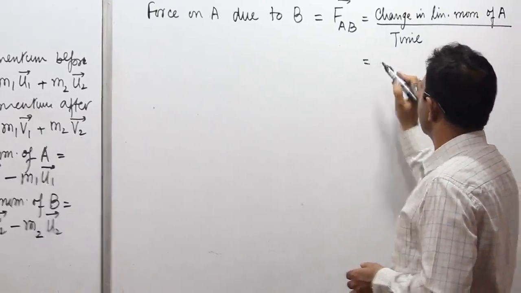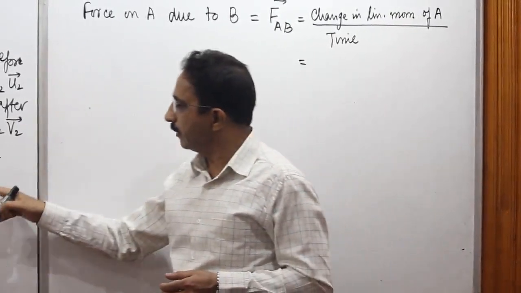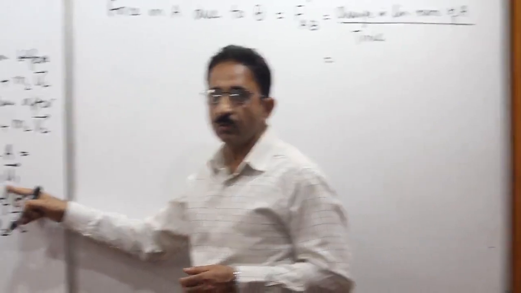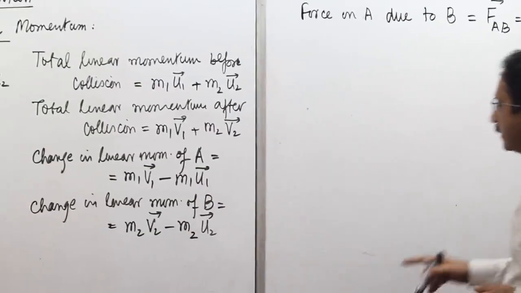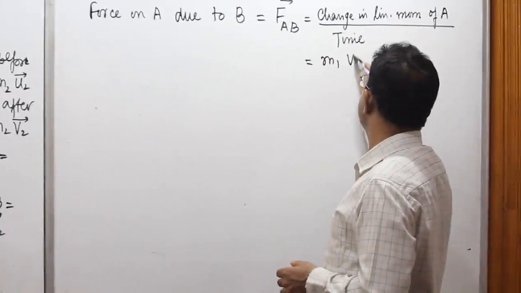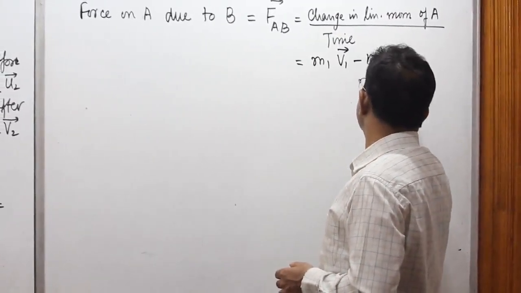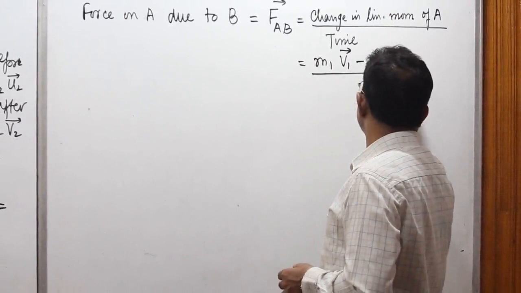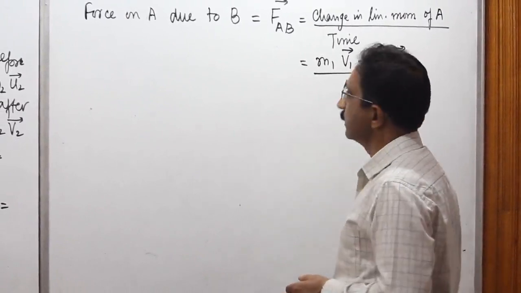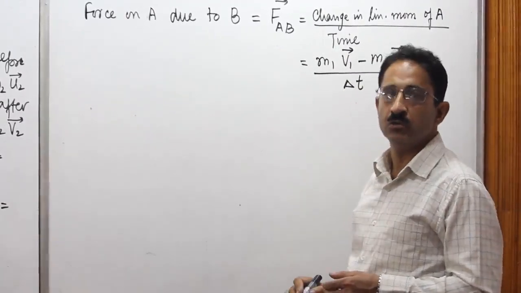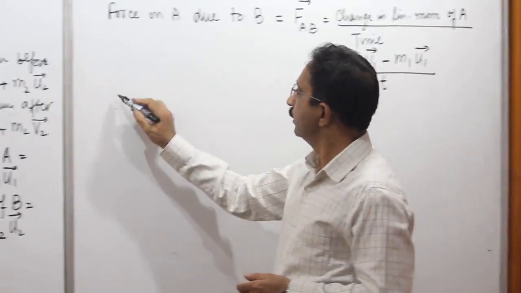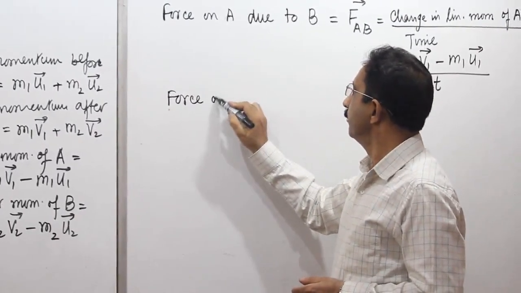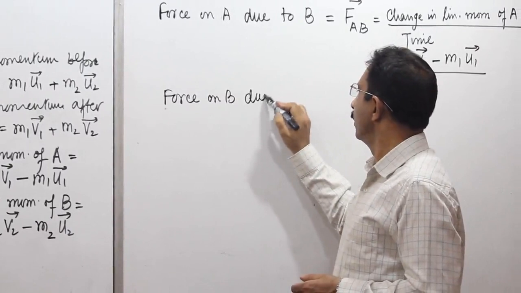Now I have already calculated the change in linear momentum of A, which is m1 v1 minus m1 u1. So it is m1 v1 minus m1 u1 divided by delta t. Delta t is the time during which this change took place. I also have the force on B due to A.